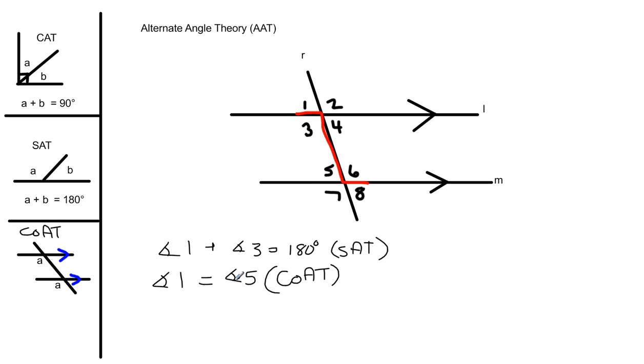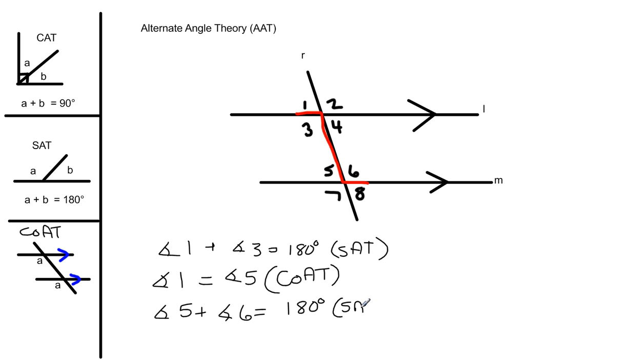I also know that angle 5 plus angle 6 has to equal 180 degrees. Why? Because of supplementary angle theory. Angle 5 plus angle 6 equals 180 degrees.